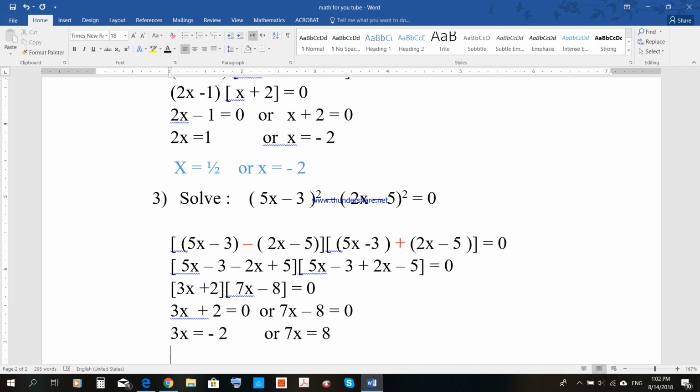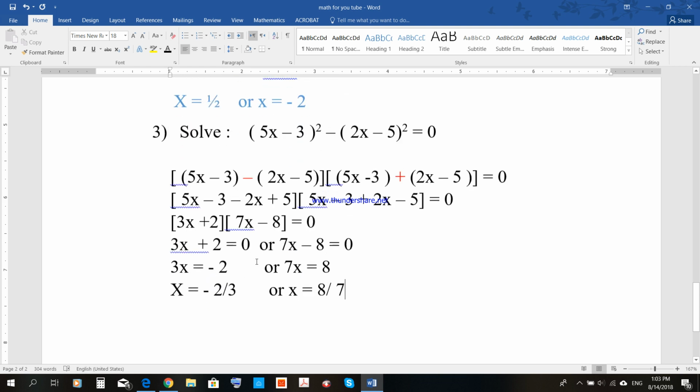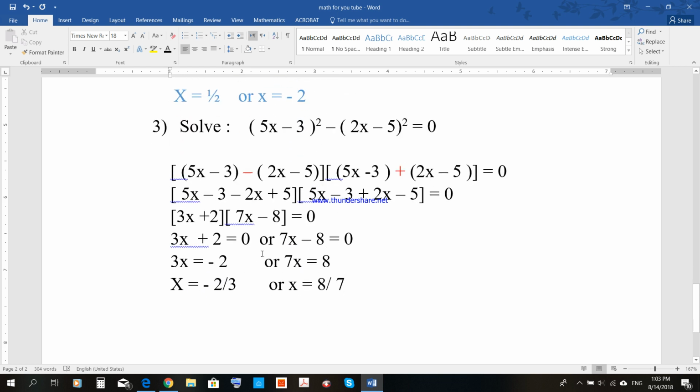Now we find x equal minus 2 divided by 3, or x equal 8 divided by 7. These are the solutions of the expression 5x minus 3 quantity square minus 2x minus 5 quantity square equal to 0.